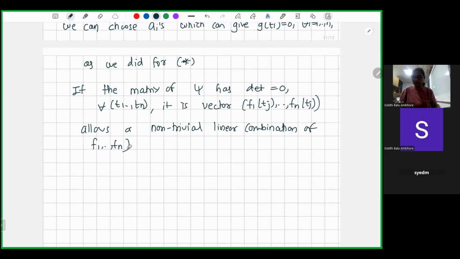Okay, F1 to Fn allow the non-trivial linear combination.